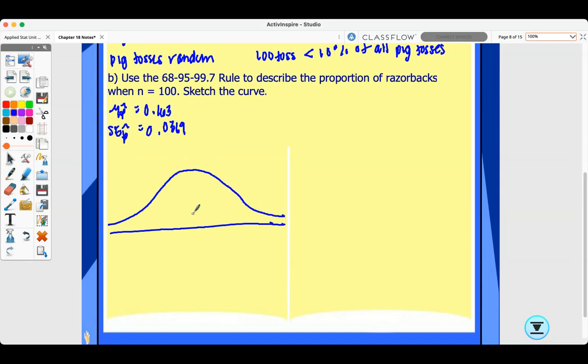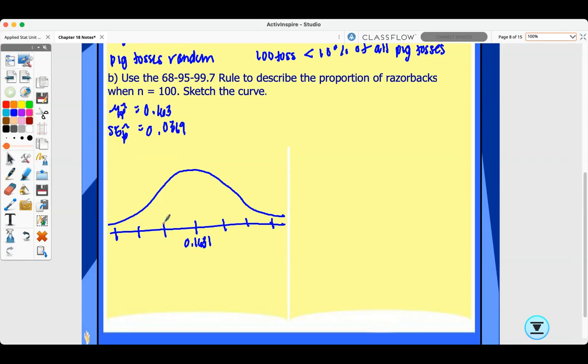here we have our mean in the middle, which would be 0.163. And then 1, 2, 3 standard deviations to the left and 3 standard deviations to the right, since we're using the 68, 95, 99.7 rule.